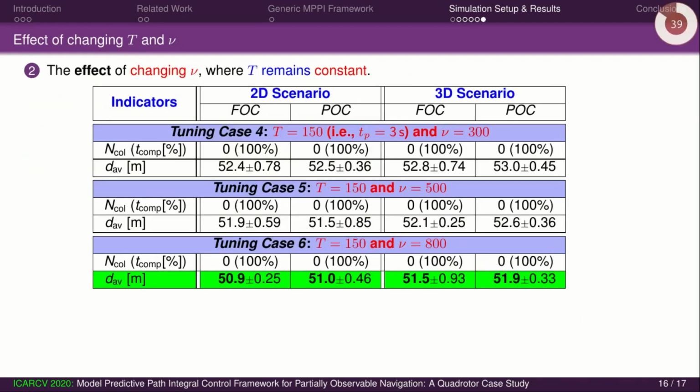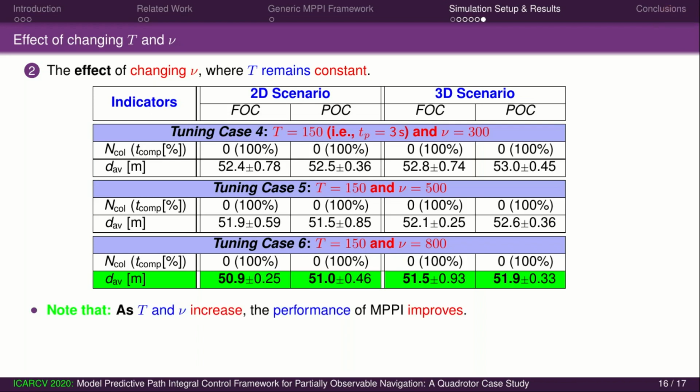In the last 3 cases, we studied the effect of changing the exploration variance nu. From case number 2 to 6, we can observe that the MPPI performs perfectly and it is able to successfully complete all trials while avoiding all obstacles. We can also notice that as t and nu increase, the performance of our controller improves.